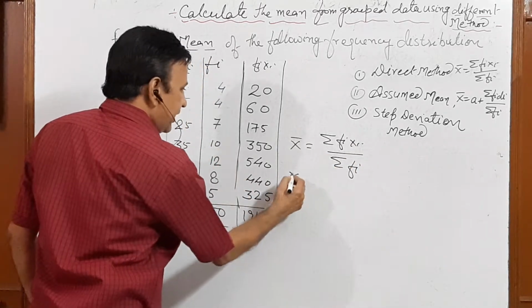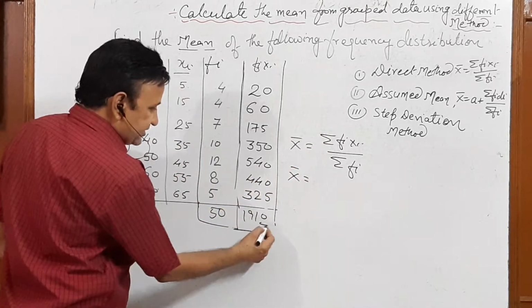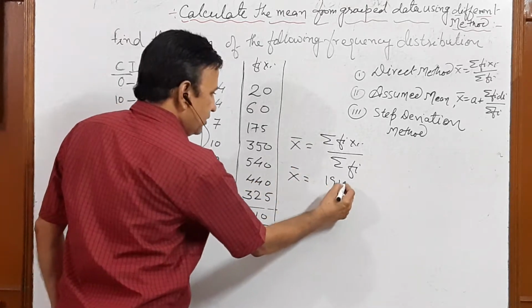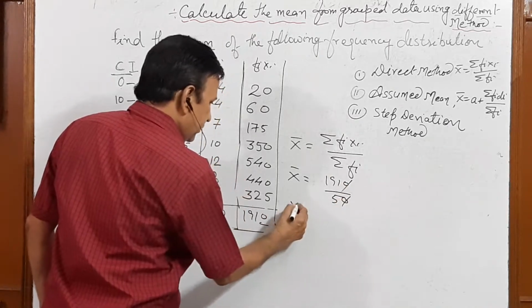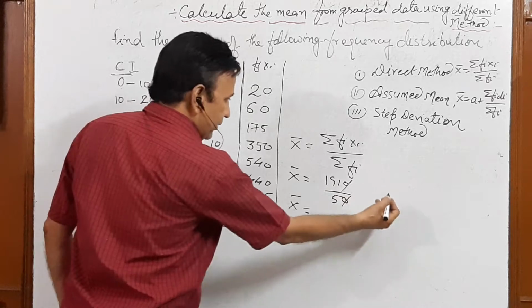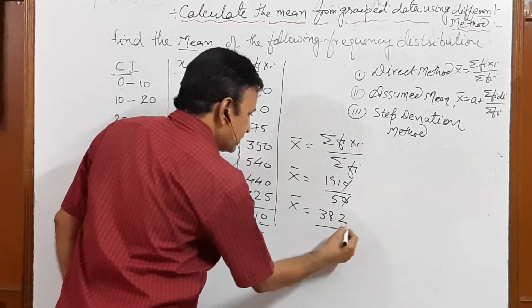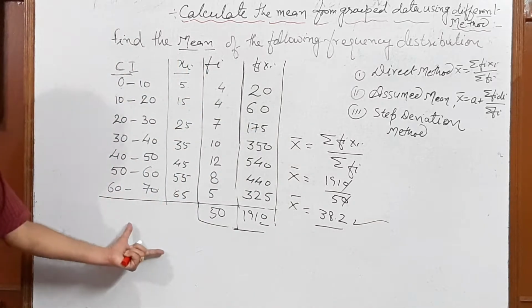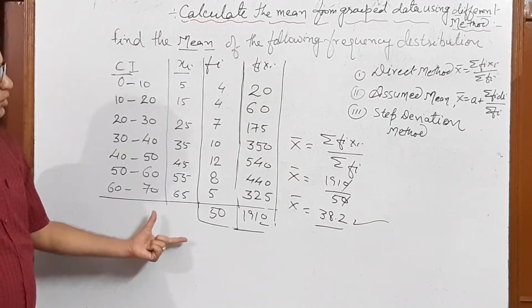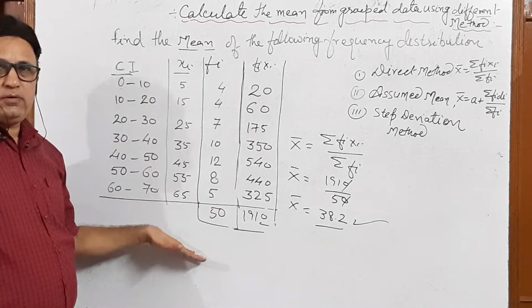So x bar, this means the mean: sigma fi xi is 1910 upon 50. Just cancel it and find the answer. 191 divided by 5, you will get 38.2, which is your answer, right? So pause the video and note it down.